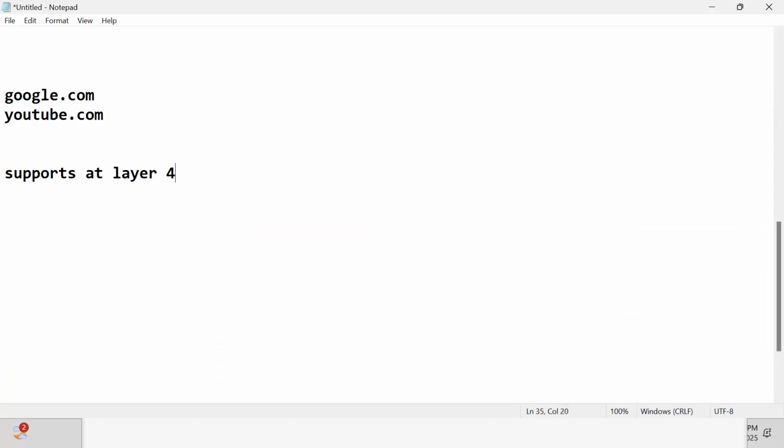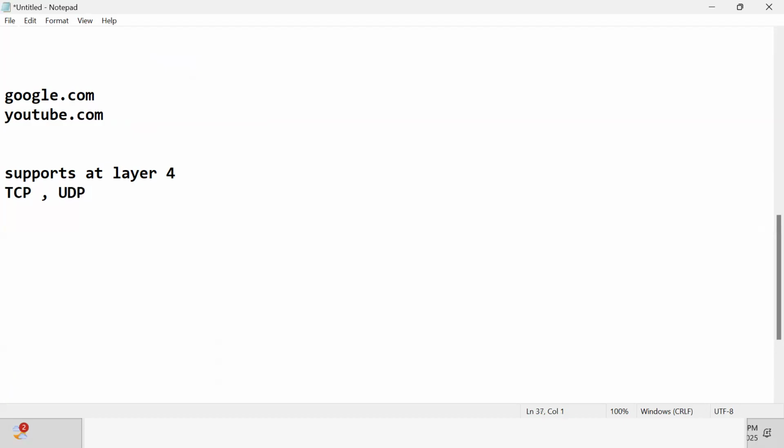Application load balancer works at which layer? Layer 7. Network load balancer does not support web-based HTTP, HTTPS. It supports TCP and UDP.